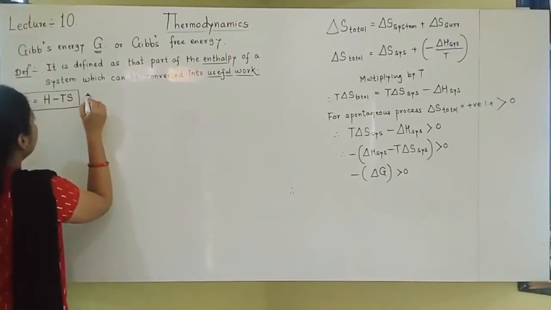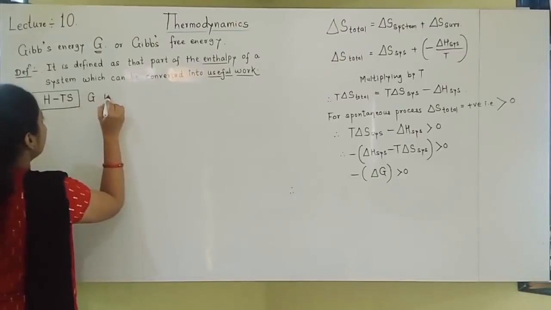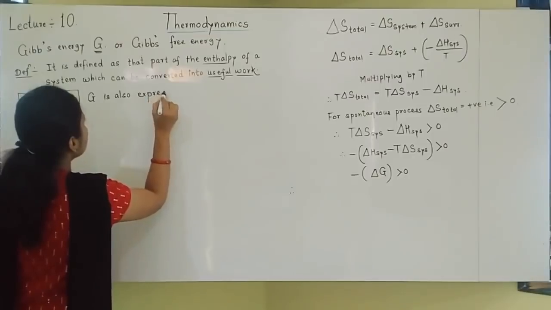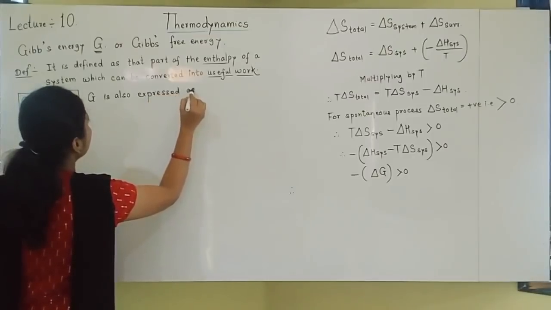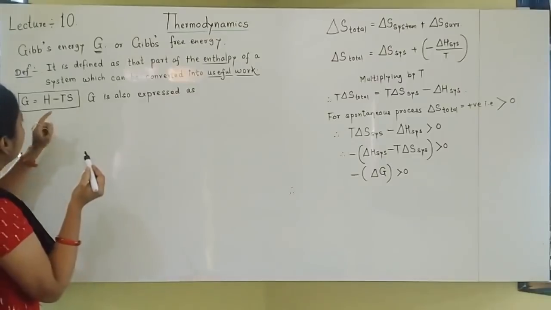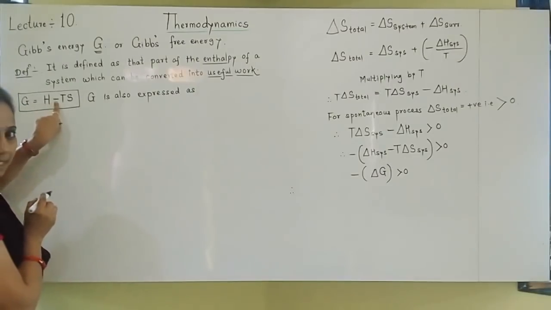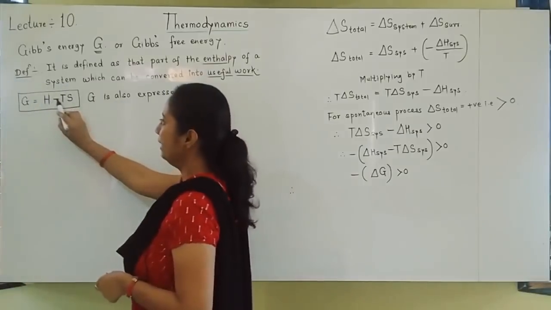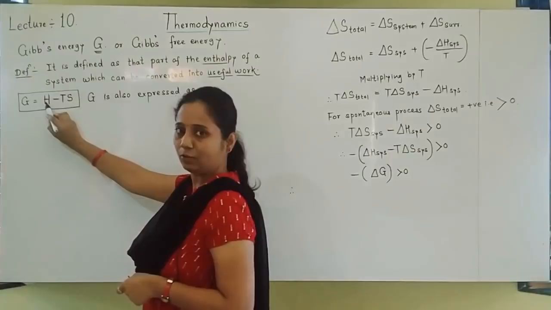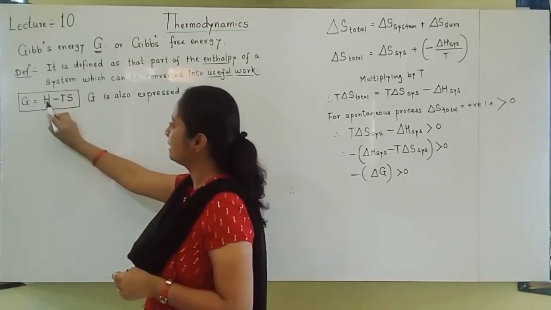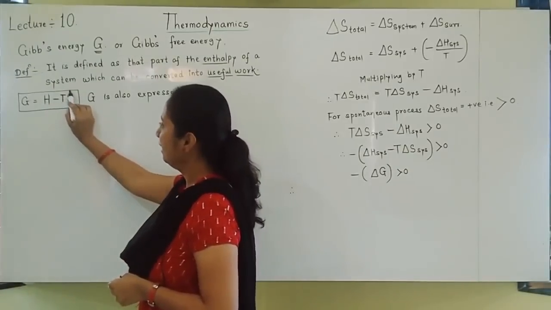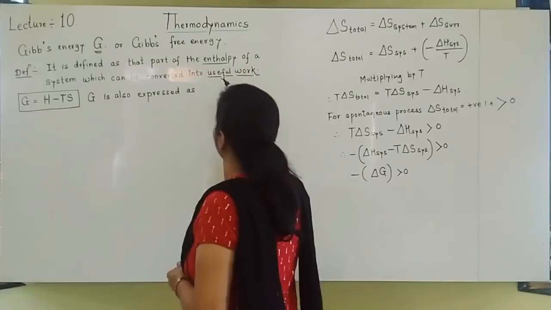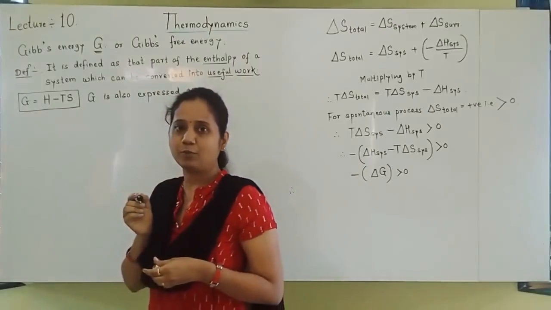Gibbs free energy is expressed as the difference, the negative sign means difference, between the total enthalpy of the system and the part which is unavailable for performing useful work.